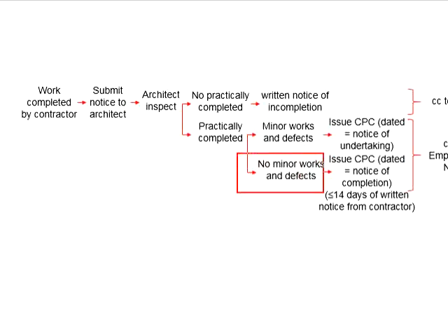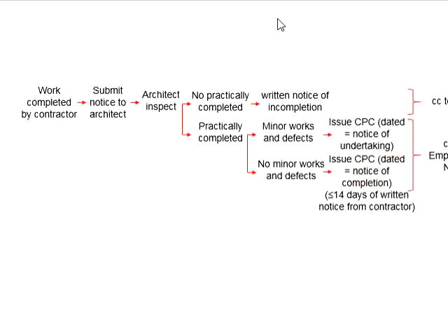If there are no minor works and defects, the architect can issue the Certificate of Practical Completion within 14 days of the written notice sent to the architect, and the date of the CPC will be based on the date of the notice of completion.